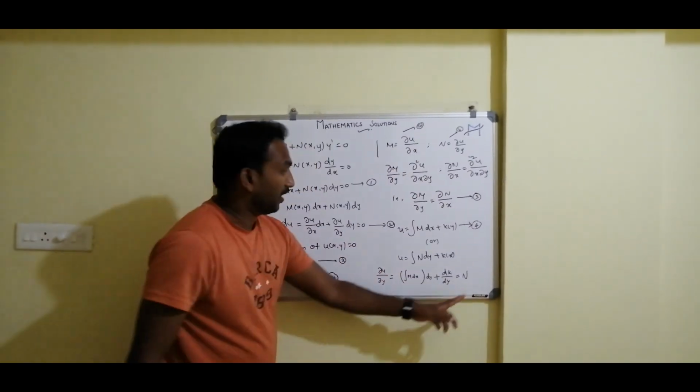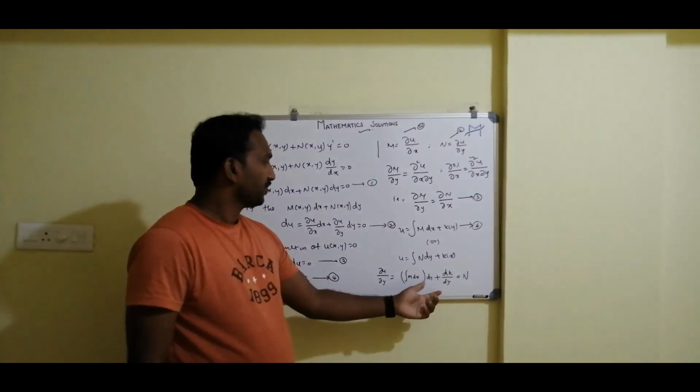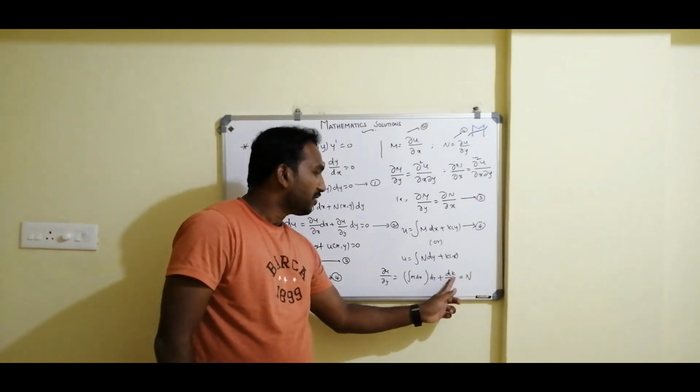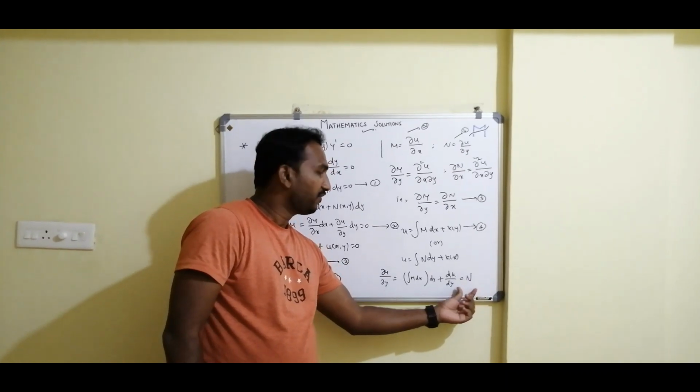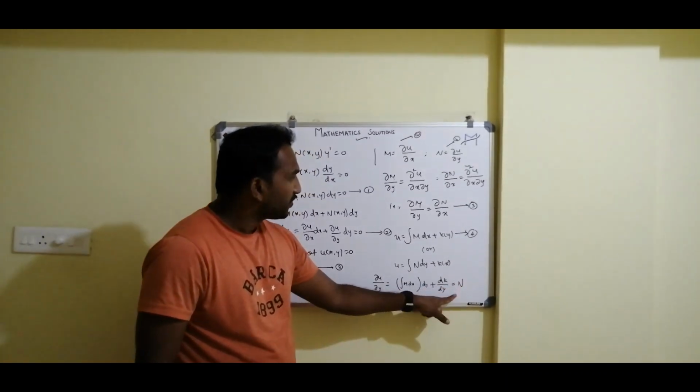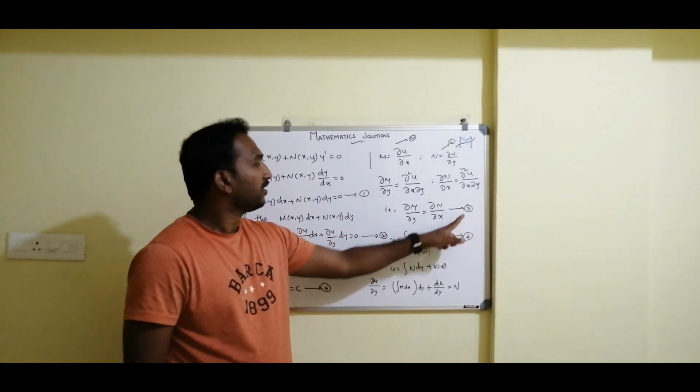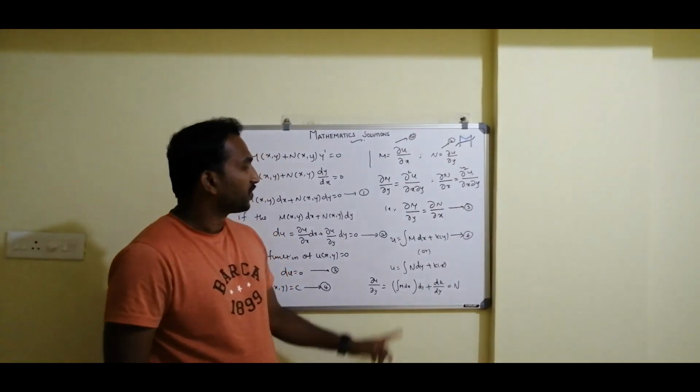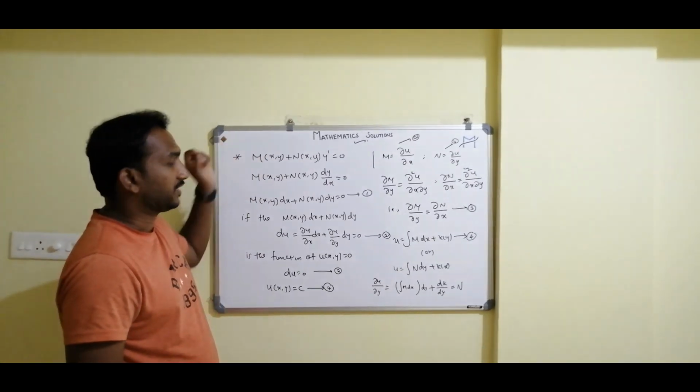Substitute N and we can find dk/dy as some value. After integrating we can find the k value. Substitute the k value in the fourth equation, and we'll get u(x, y).